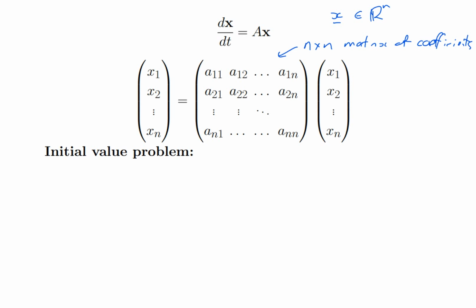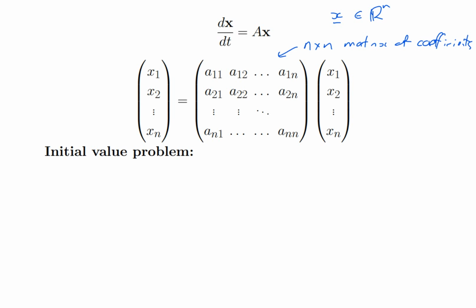So this humble system, dx/dt equals Ax, describes an enormous range of possible physical behavior, and many large systems, for example, large engineering systems of bridges and buildings with thousands of parts in them, can be described in this way. So a lot of the phenomena in nature come down to understanding systems of this class.